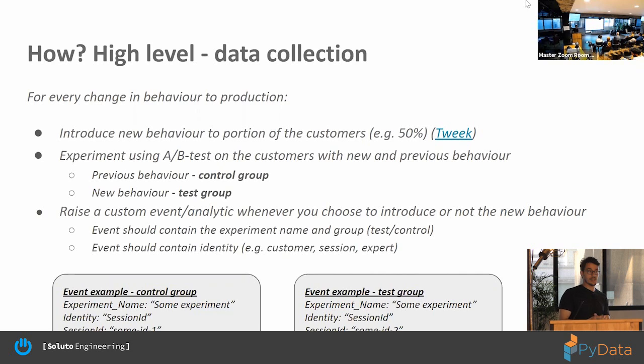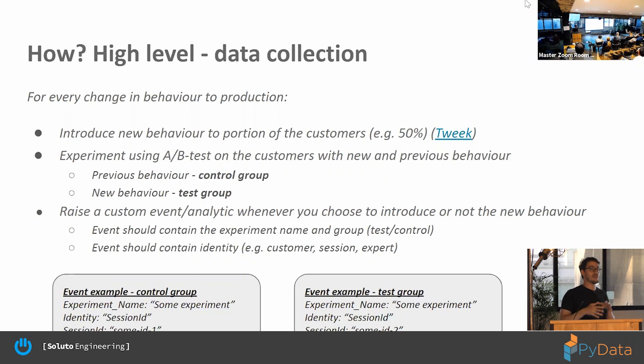So we ask you to raise a specific event at the point where you decide whether to give the new or the old behavior. And in this event, put information like the experiment name and whether it's the control group or the test group.